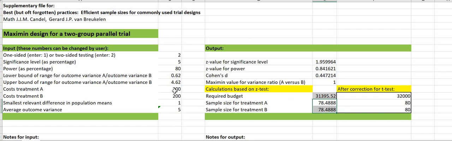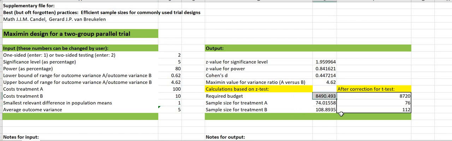Now, if you have an intervention that has an intervention arm and a control arm, it stands to reason that maybe the control arm is cheaper. So let's assume that it costs $100 per participant to run the intervention, but only $10 to run the controls. Maybe they're just coming in for a weigh-in. And what you'll see now is something new on the outcome side.